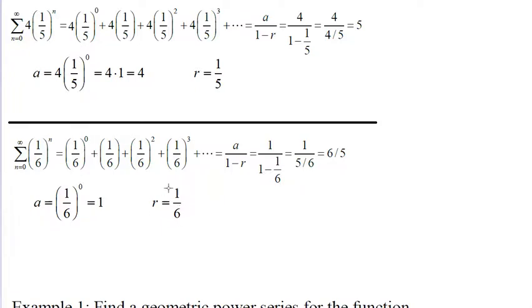And since the common ratio is between negative 1 and 1, this geometric series converges to a divided by 1 minus r. So we have 1 divided by 1 minus 1/6, which is 1 divided by 5/6, and so we get 6 over 5. Therefore, this geometric series converges to 6 over 5.